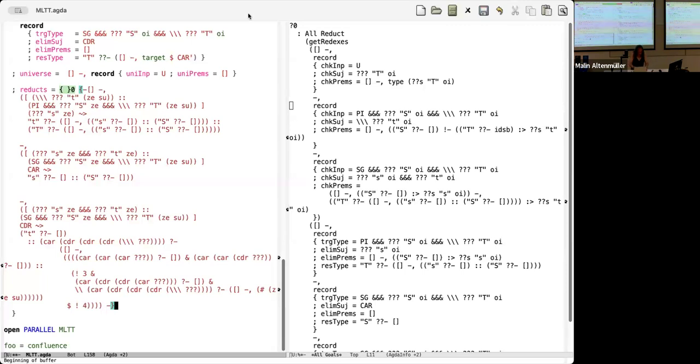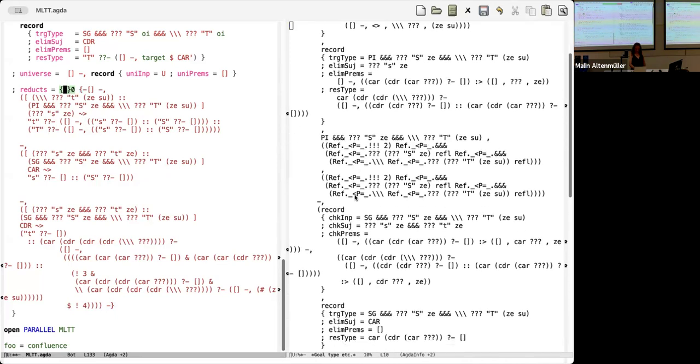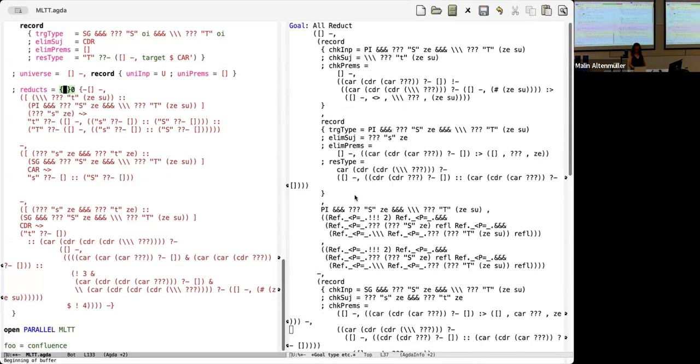So if I actually normalize this goal, it's a bit tricky to see, but we get a list with 3 things in it. The first thing says, I found that the checking rule for lambda overlaps with the elimination rule for pi types, the application rule. So there's a beta redex when you apply a lambda.